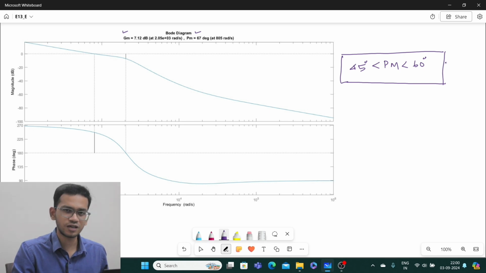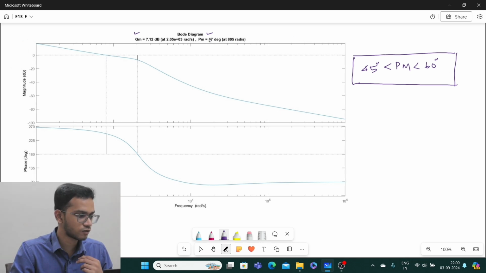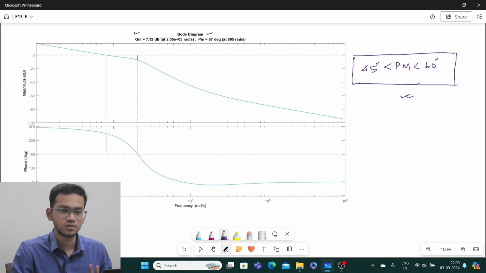No problem. It can go up to 70 degree, 75 degree, something like that. What if it is less than 45 degree? Still, it's not very serious until it goes maybe up to 35 degree, 32 degree, something. So the advised range for this phase margin is this range. In my case, for my buck converter, I got phase margin to be 67 degree, which is okay, somewhat in accordance with this.